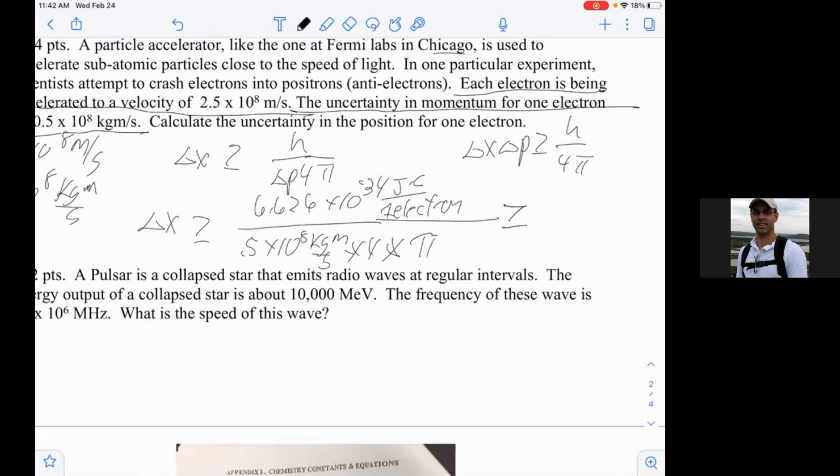I'll put that in my calculator. And I actually have only one significant figure there, so I'm going to round to 1 sig fig. If you put it into your calculator correctly, your uncertainty in position is 1 times 10 to the negative 42nd.